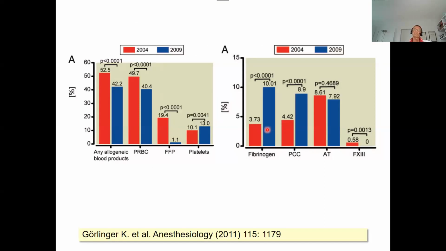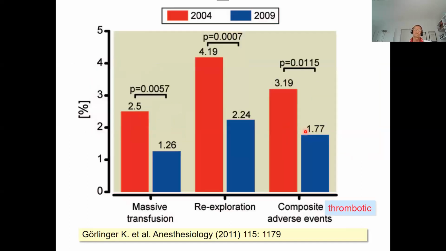More PCC has been given. Now, at least as important was that massive transfusion was reduced by half, re-exploration was reduced by half, and the composite thrombotic adverse events were reduced by half. So very important clinical outcomes.